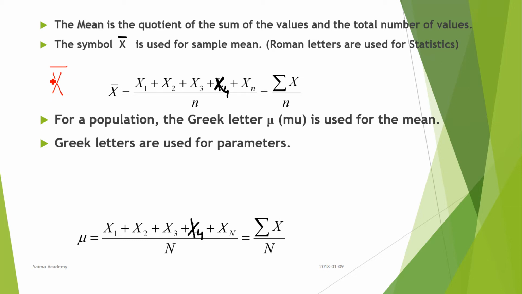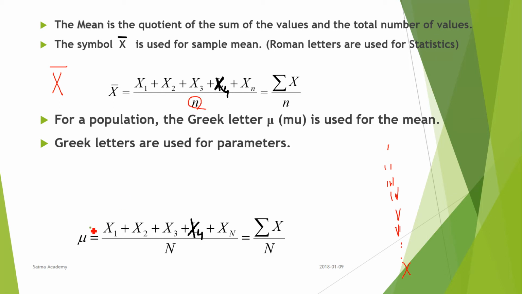And this is the Roman letter x, right? So you know that in Roman we write I, II, III, this is IV, this is V, this is VI and so on, and X represents 10. So for sample mean, you have to write down x bar equals x1 plus x2 plus x3 plus x4 and so on till xn, divided by n. So this is the difference.